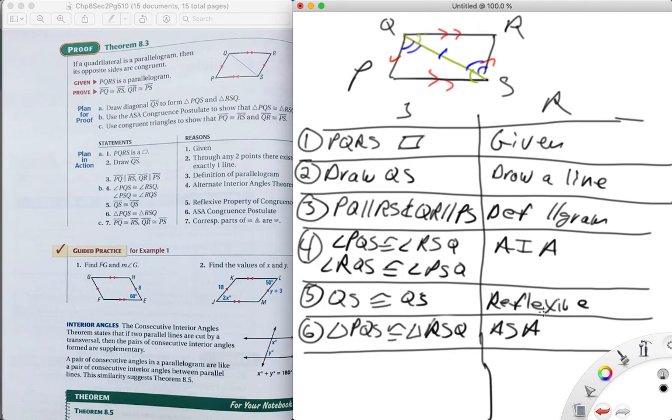And then I can say two things. So 7 can be broken up.